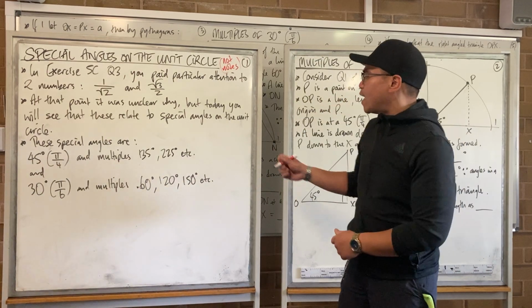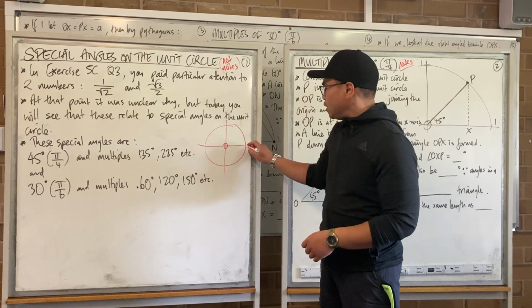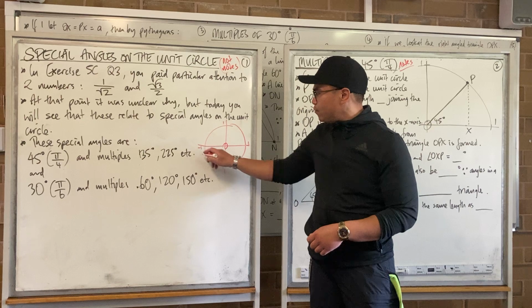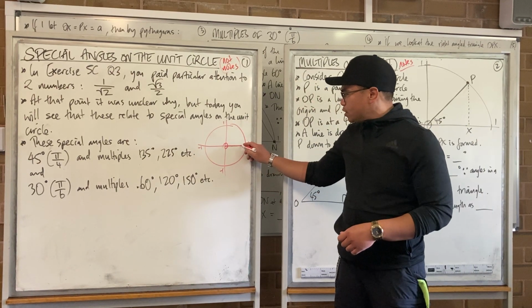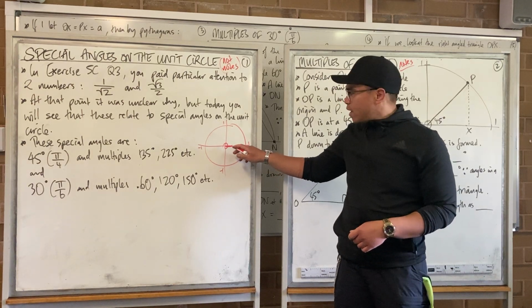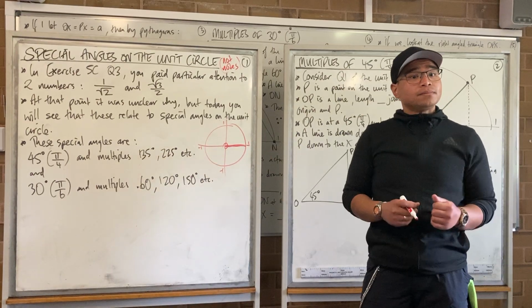Why are we ignoring 90 and 180? Because I already taught you that in the first lesson of the unit circle. That's 1, that's 1, that's negative 1, that's negative 1. The angle 0 degrees, 0 radians, what's the sine of it? How far has it gone up or down if this is my direction? 0.